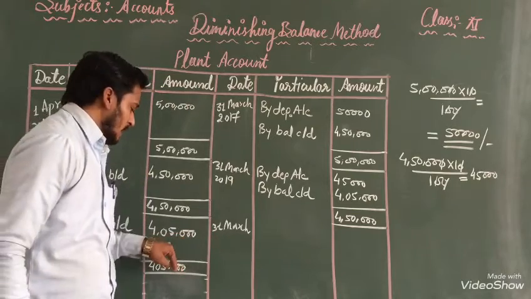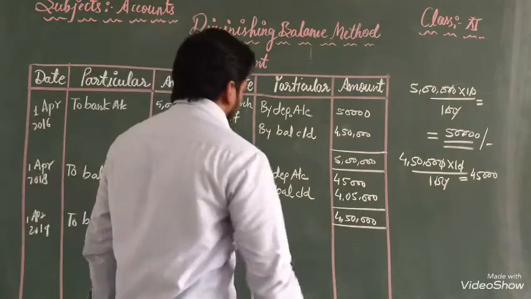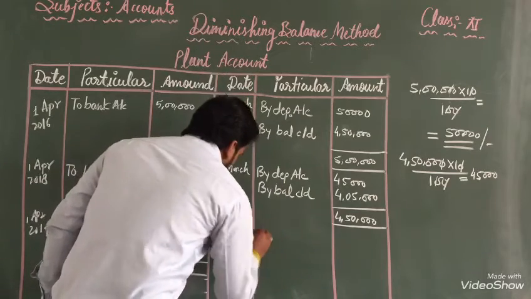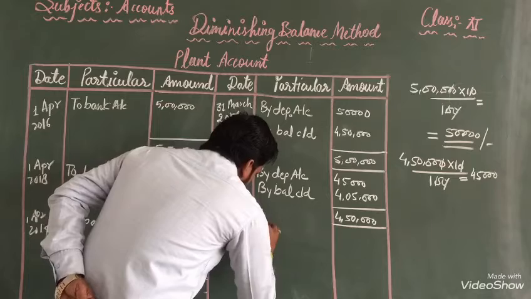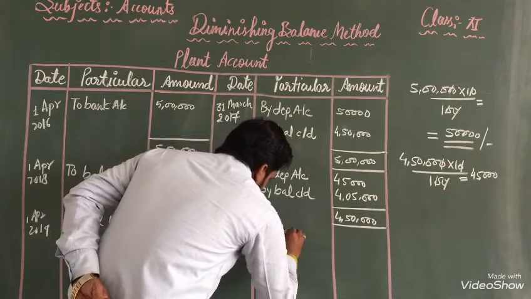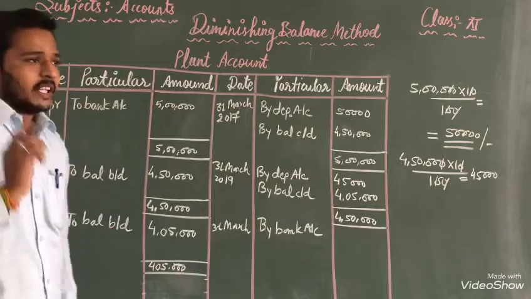I had sold this machine at the cost of 4,10,000. Otherwise, at the same cost of 4 lakh, by bank account. So dear students, be careful here.